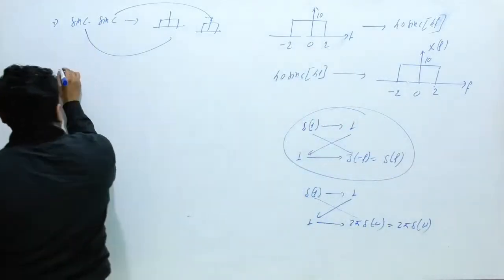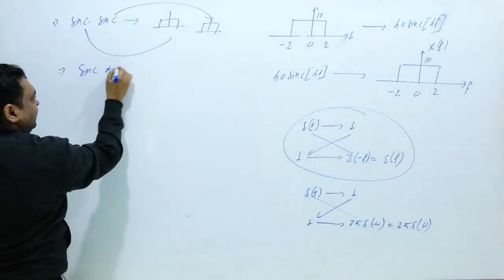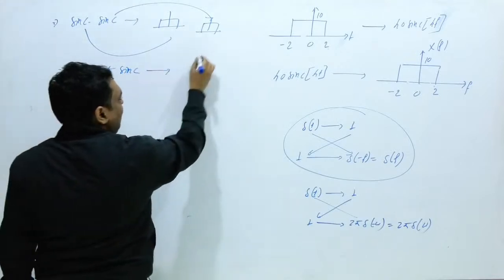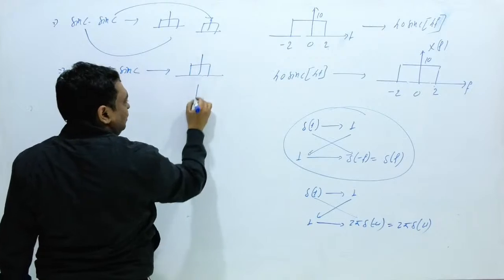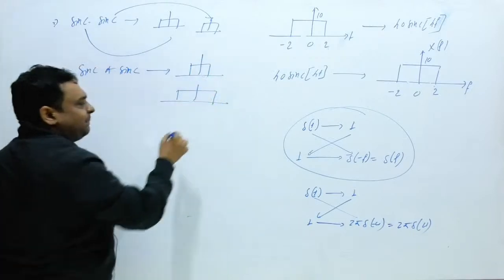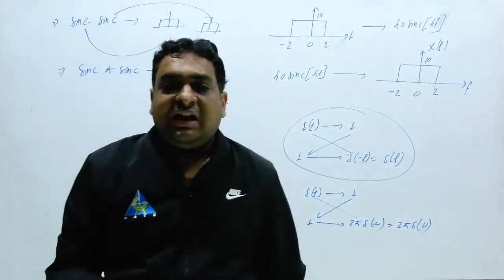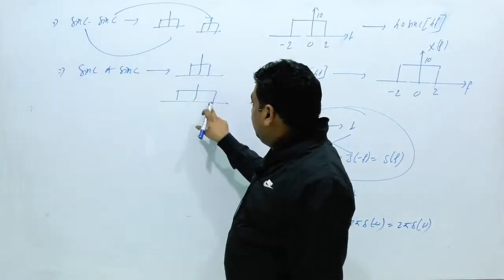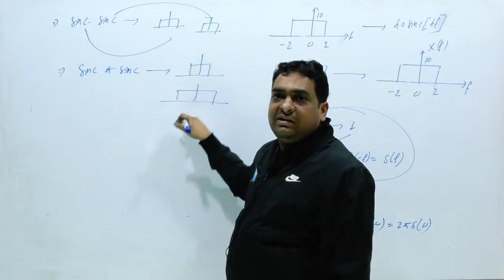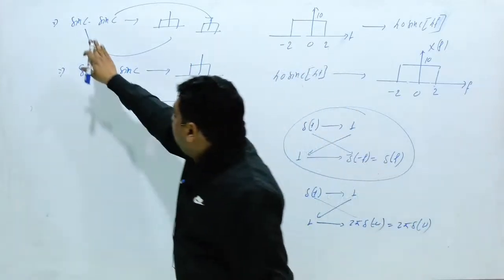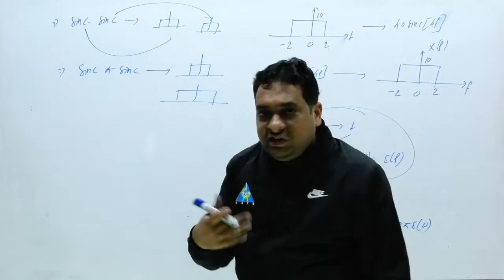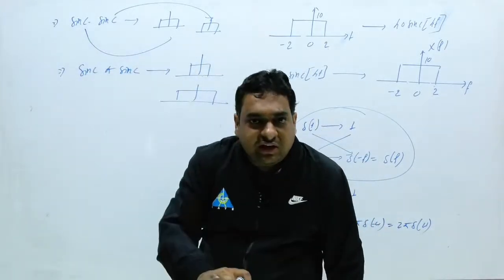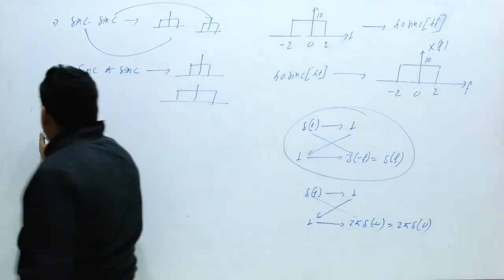Now if it is sinc convolution sinc, then what is the Fourier transform? Here only 2 pulses will be multiplied. If 2 pulses are multiplied, what result will you get? Lesser width. If this width is 2 to minus 2 and this width is 3 to minus 3, what will be the result? 2 to minus 2. So if sinc is multiplied, or sinc is convolved, easily you can solve. If pulse is multiplied, or pulse is convolved, easily you can solve. Getting this?